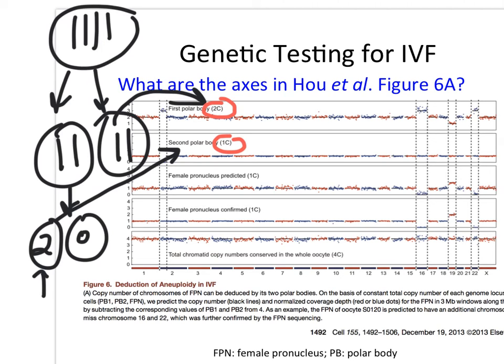So what's on the y-axis? What do 0, 1, 2, 3, 4 mean? Number of chromosomes. And what's on the x-axis? It's 1, 2, 3, 4, 5, 6, 7, 8, and so on, up to 22 and X. So this is all of the human chromosomes arranged left to right.